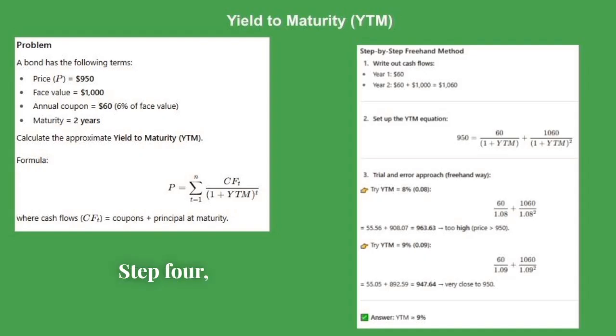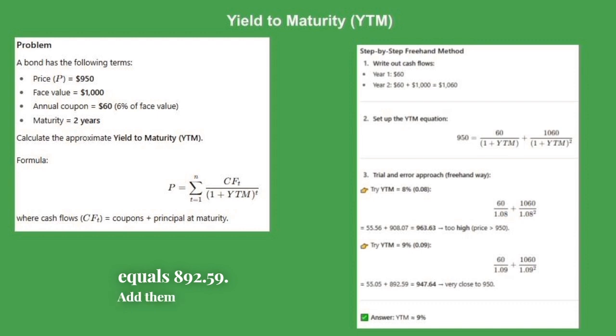Step 4, try 9%. 60 over 1.09 equals 55.05. 1,060 over 1.09 squared equals 892.59.